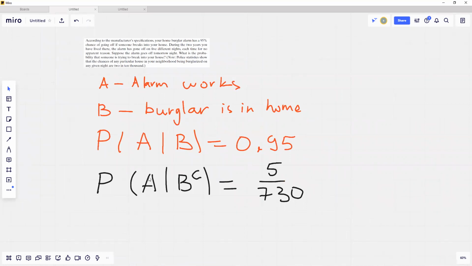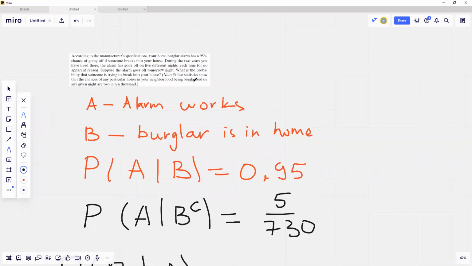So this is the probability of the alarm going off given that no one is robbing your house. Suppose that the alarm goes off tomorrow night. What is the probability that someone is trying to break into your house? So we are looking for the probability of your house being robbed given that the alarm has gone off.